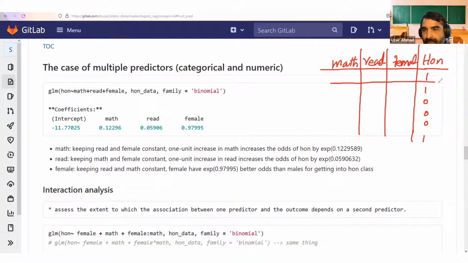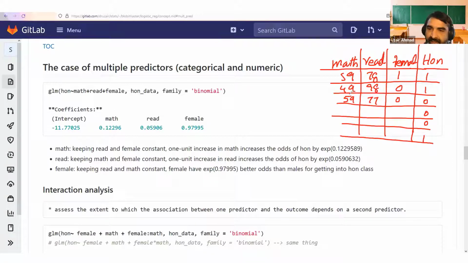In every row, math score may be 59, reading 78, female 1; 49, 98, female 0. When the female value is 0, it means the student is male. 59, 77, 0, and this kind of data we have. So we want to predict, based on the score in math, the score in reading and the gender of the student, whether the student is in honors class or not.